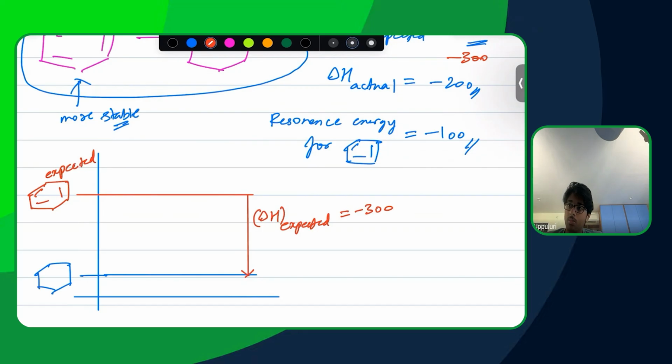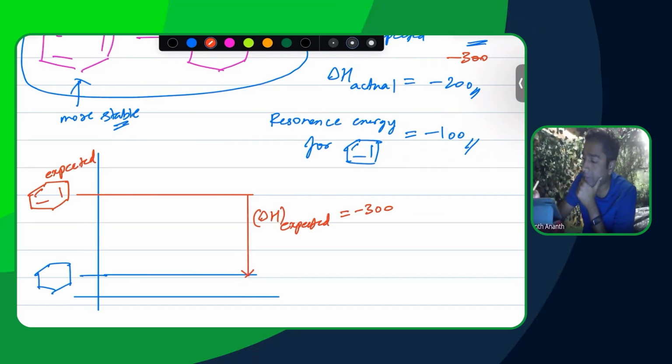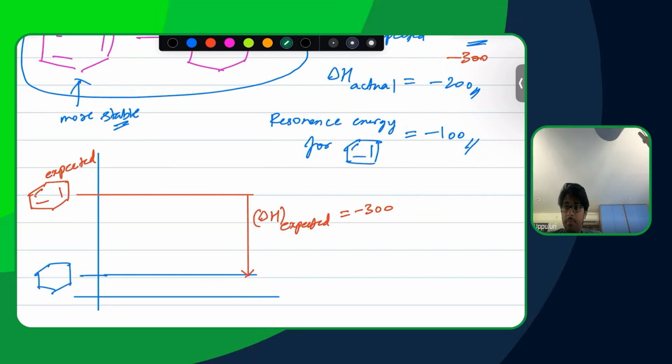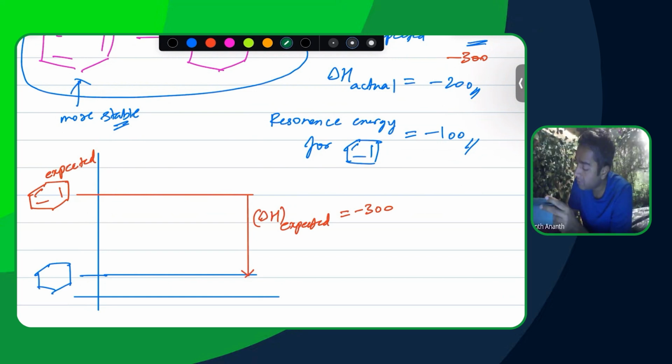But my benzene in reality is not at that level. Benzene in real is more stable. More stable means less energy, so benzene real is not there, it is here.